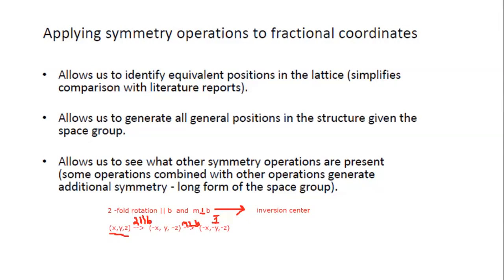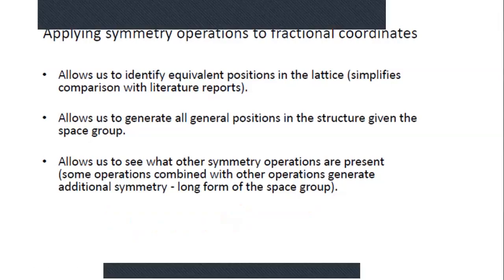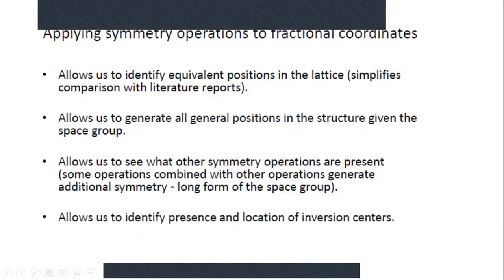So an inversion center is when you make a set of coordinates the negative of what you started with. And we'll show you more about this when we talk about space groups a little bit later on. So just like I talked about, it allows us to identify inversion centers as well once we know all the symmetry elements.